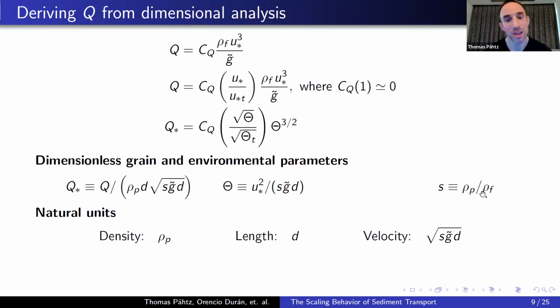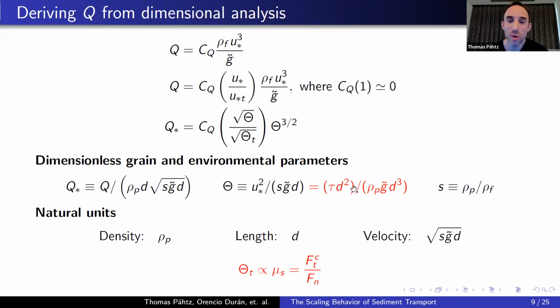And yeah, so why do we do this kind of rescaling? Because the Shields number can also be expressed via the shear stress.